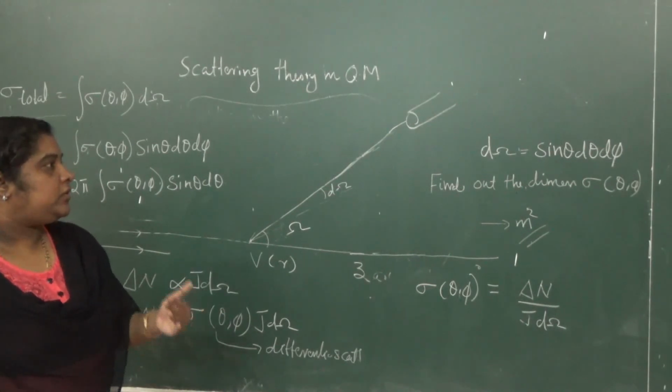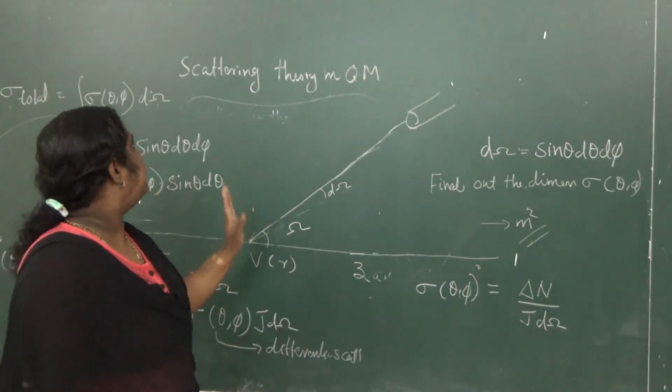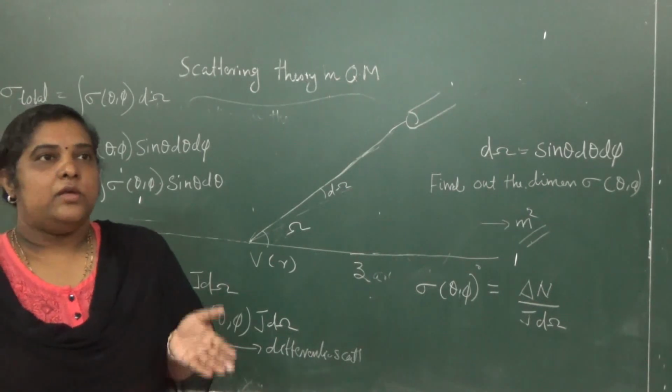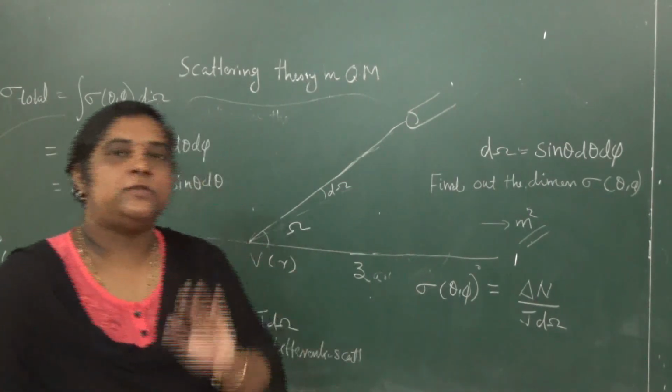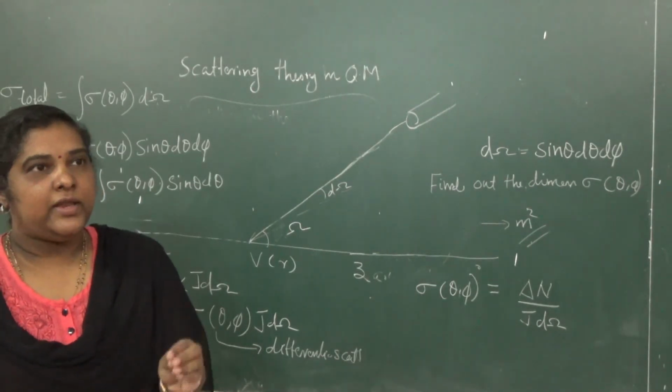Up to here, today I just gave you a brief introduction to quantum mechanical scattering. So you watch this video and let me know if you are feeling any difficulty.